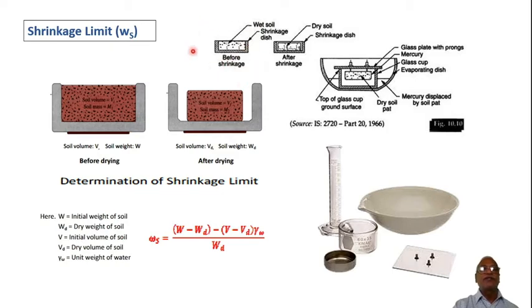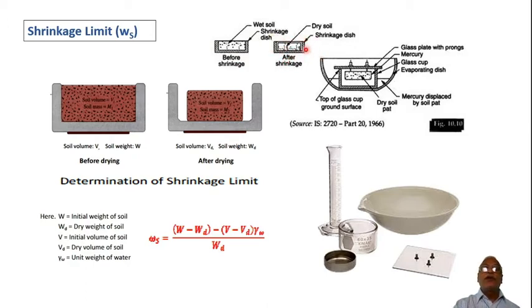This is the stage. Now this is first of all kept in air for an hour or so. It is dried a bit, and then afterwards it will be transferred to oven, and it will be dried overnight.